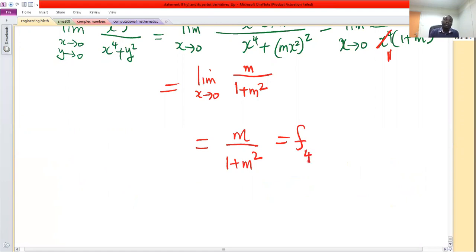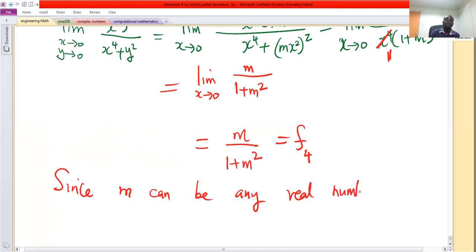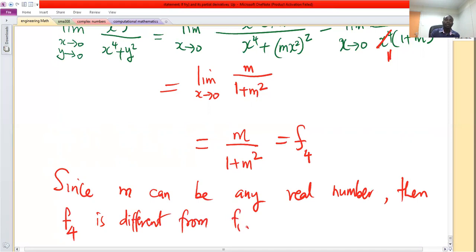So m can be any real number. Since m can be any real number, f4 is different from f1, f2, and f3.